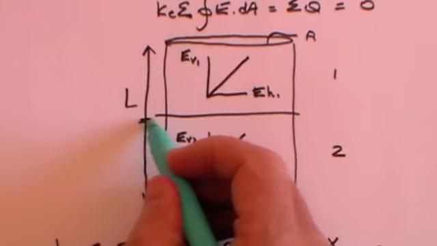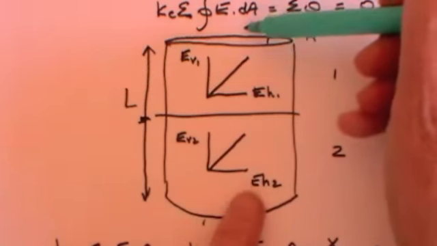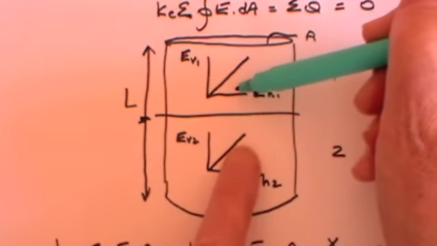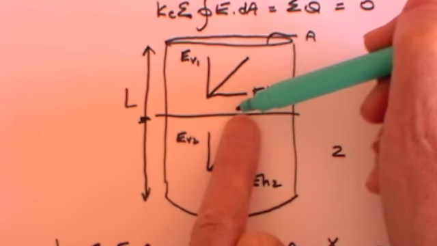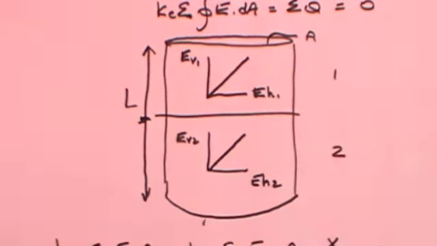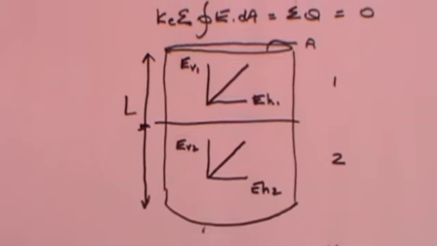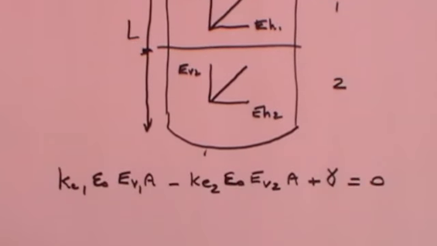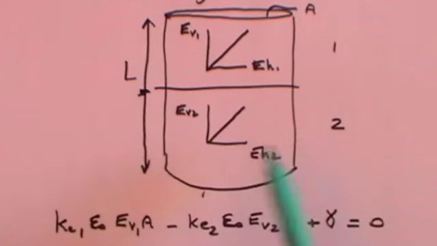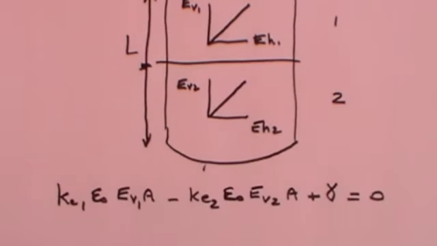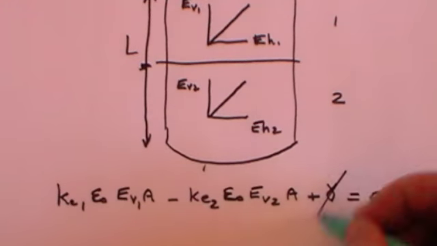In other words, we shrink the pillbox until it is simply a two-dimensional pillbox sitting on the surface. So when L goes to 0, how much of the EH term can go out through the sides? Well, there are no sides because we've shrunk the sides to 0.